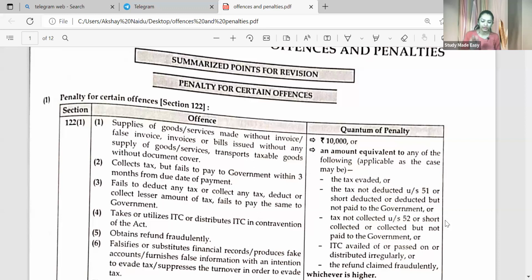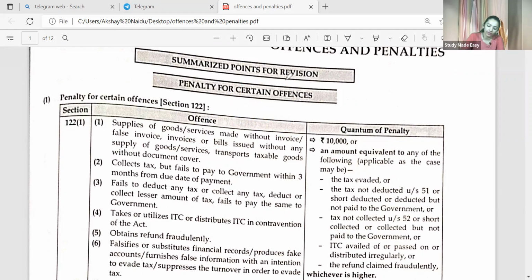Now, when this offense and penalty chapter starts, first of all, you have filed your return. After filing the return, it might be possible that there is a scrutiny assessment. If it is not scrutiny assessment, it could be a random assessment also.